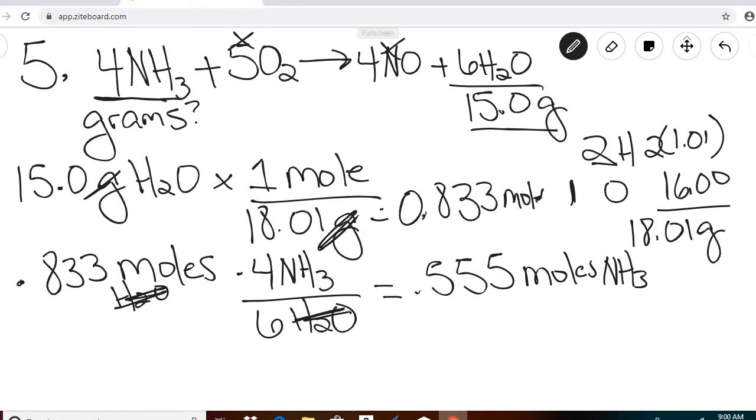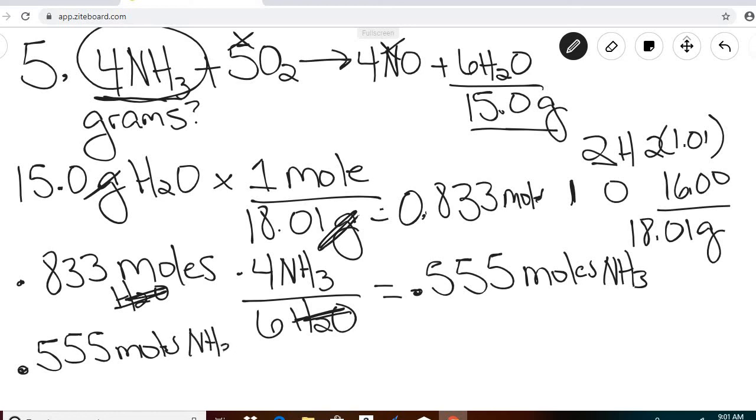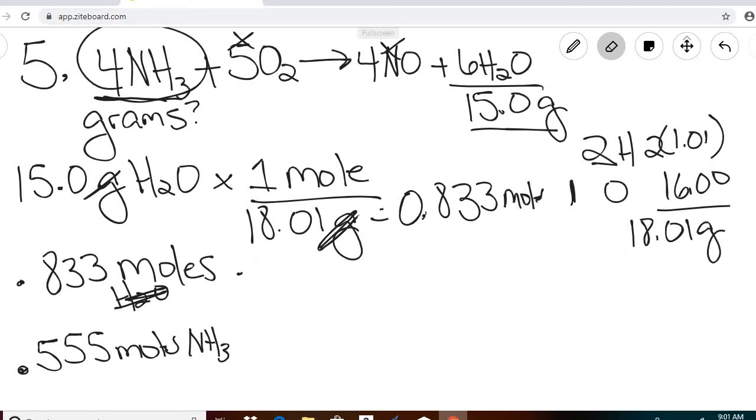Okay, so now we know the moles of NH3, but we were asked for grams. So now we just need to make that conversion using the periodic chart. So 0.555 moles of NH3. I'll go ahead and erase this.